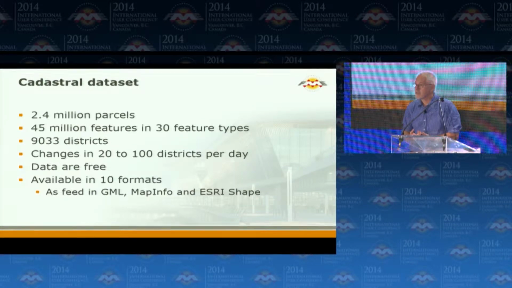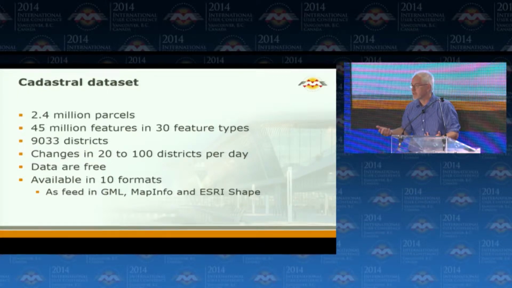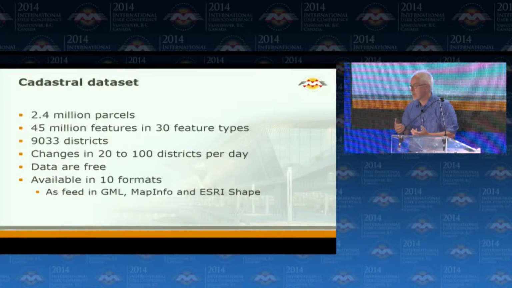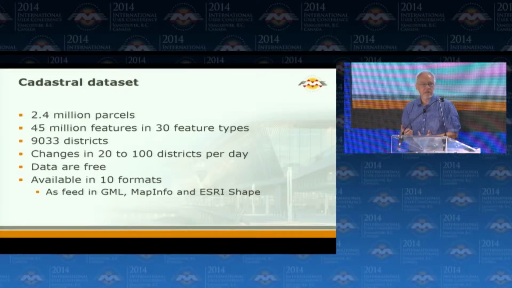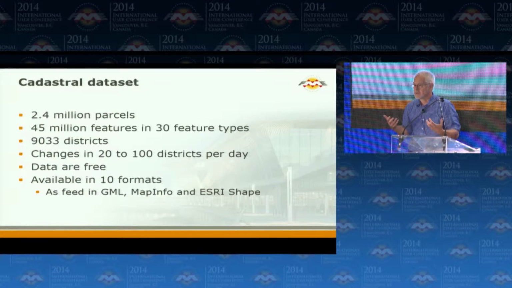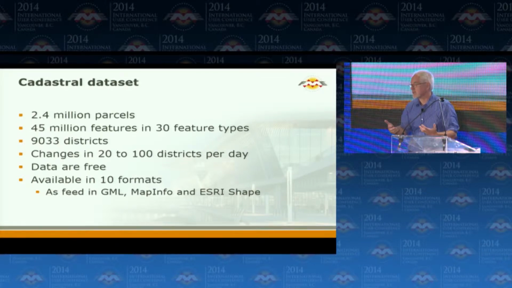And today we distribute our cadastral data in 10 different formats using our distribution system, a web browser where people can go and fetch data for small areas. But what we were interested in was actually to have a daily updated data set available on the internet, so people could just download the data they needed and analyze it, find out where there have been changes in my area.